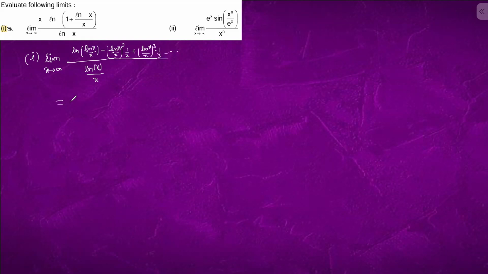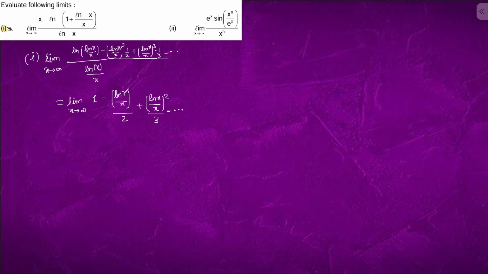So what is happening here is that if you see the limit x tending to infinity, it will come out to 1 minus (ln x / x) divided by 2 plus (ln x / x) whole square by 3 minus dot dot dot.